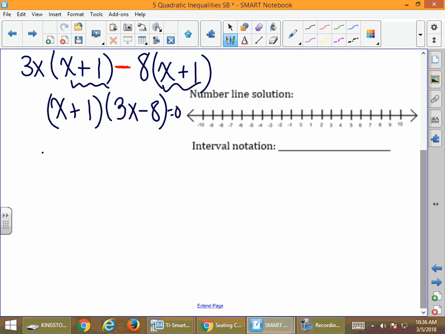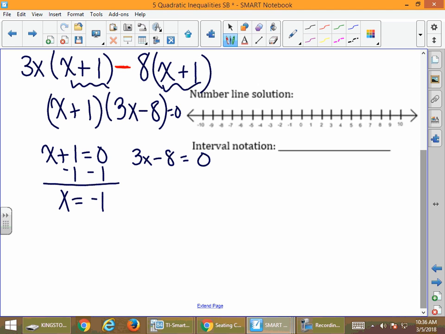We take the x plus 1, set it equal to 0, and I hope you can tell me that x equals negative 1. You might have to do a little bit of work on this one, but we subtract 1 from both sides to get x equals negative 1. And over here we're going to get a fraction. Adding 8 to both sides, we get 3x equals 8. Divide both sides by 3.